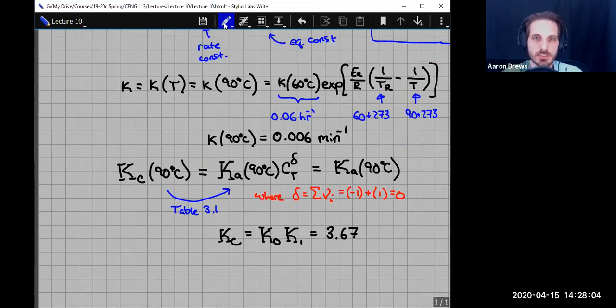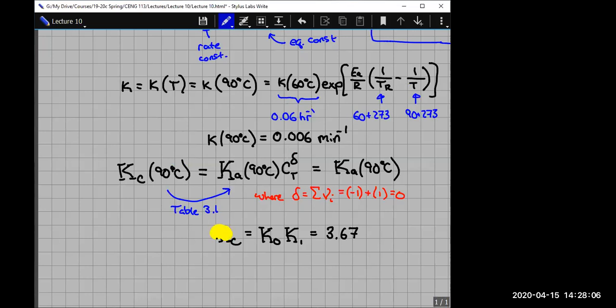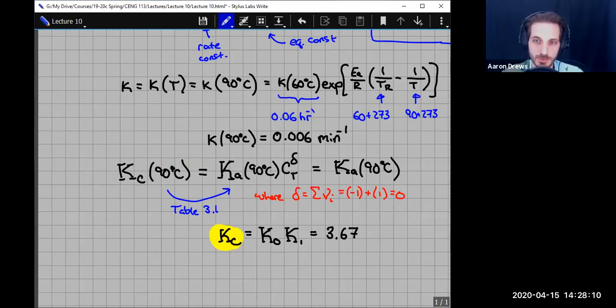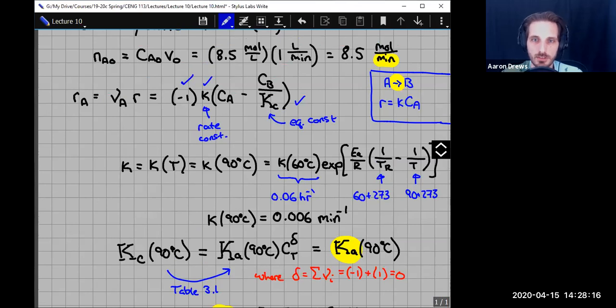The reason we want Kc is because this value of Kc was calculated by using K sub A, but this value of Kc goes into our rate law, right? This is the Kc that we need.